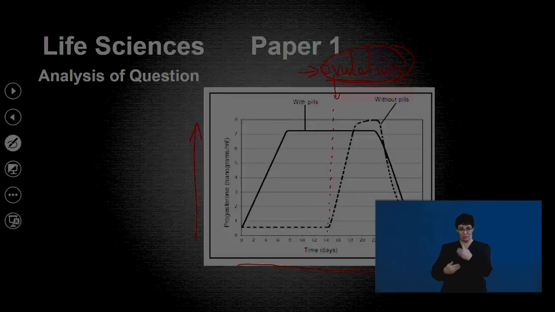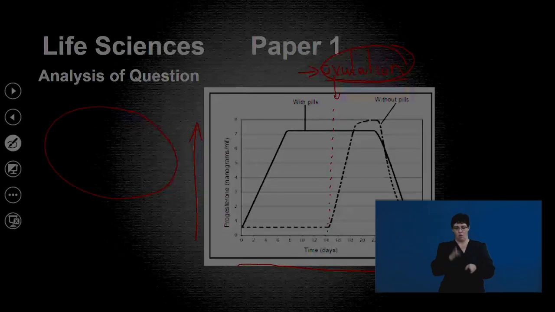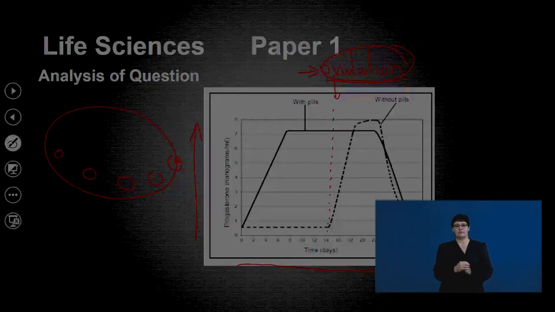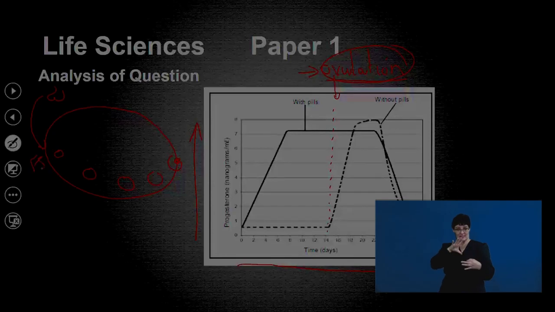So if I go back to the ovary, and if I were to illustrate what happens in the ovary, you will see that the hormone FSH, which is released from the pituitary gland, targets a primary follicle. That starts at day 1.